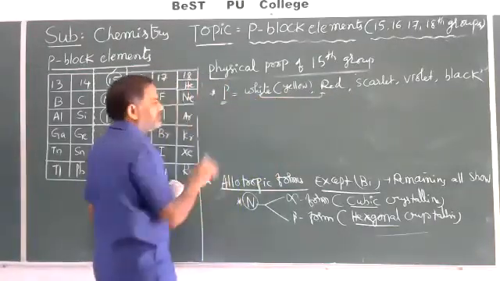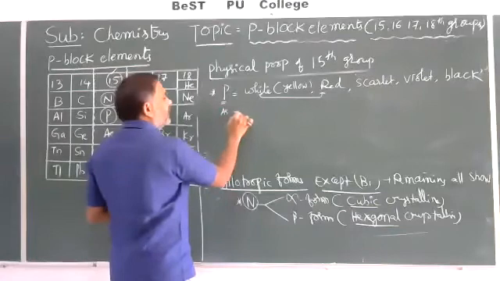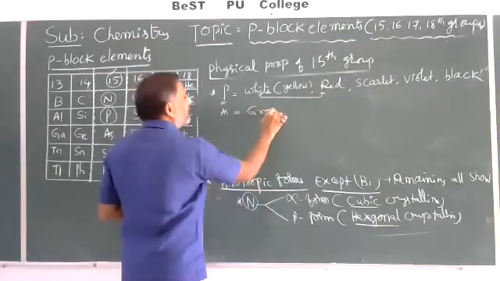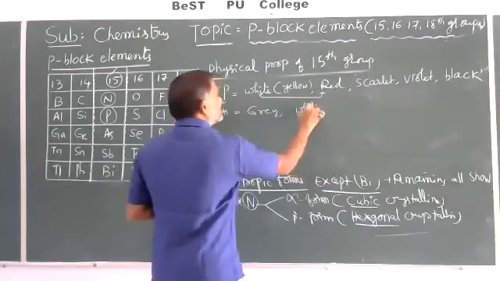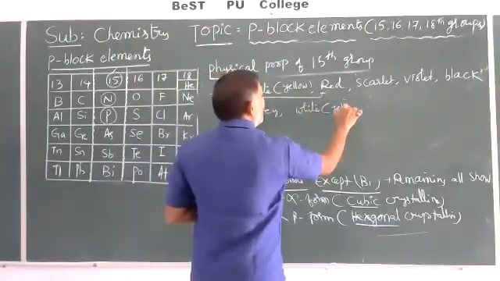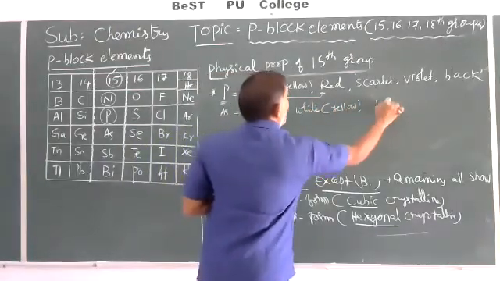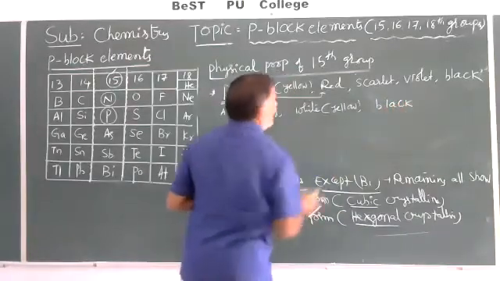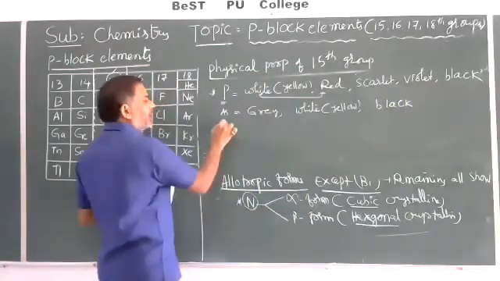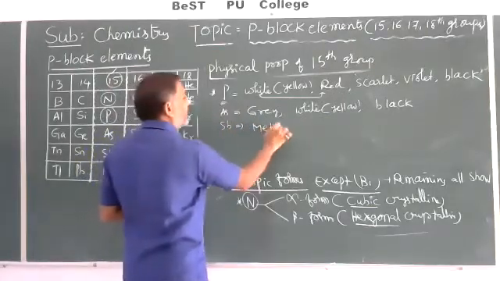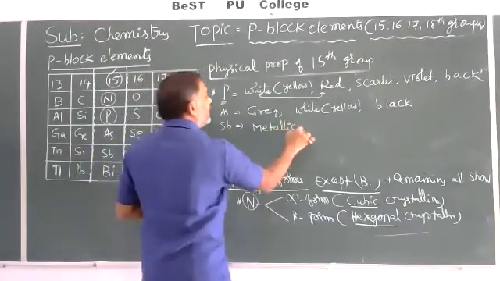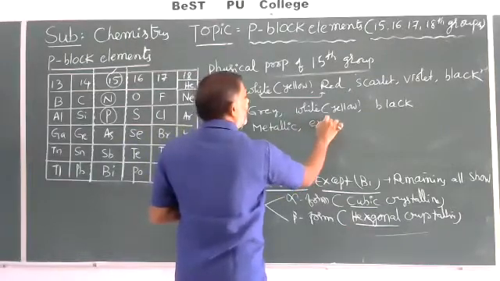Then arsenic: gray arsenic, and the white or yellow form, and black arsenic form. Now Sb generally exists in a metallic form, and an explosive form, and also as a yellow color form, that is white or yellow.